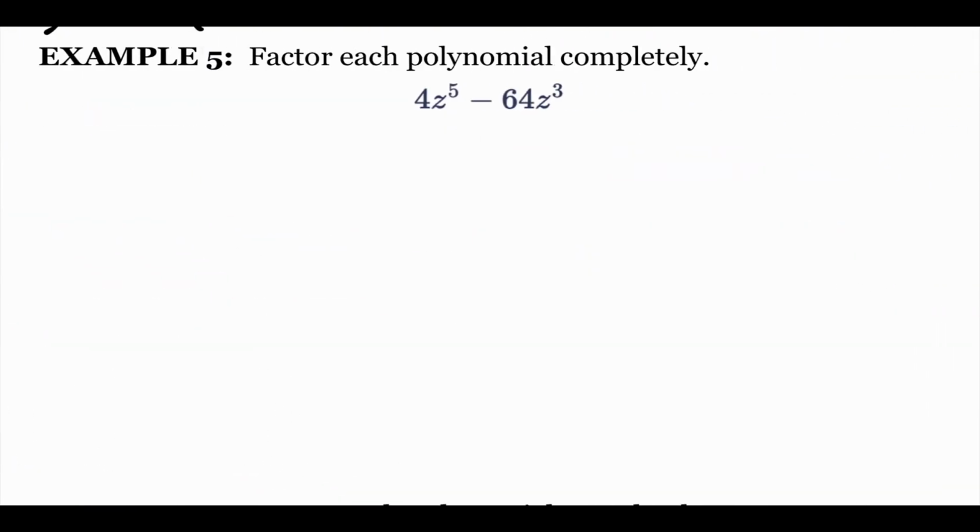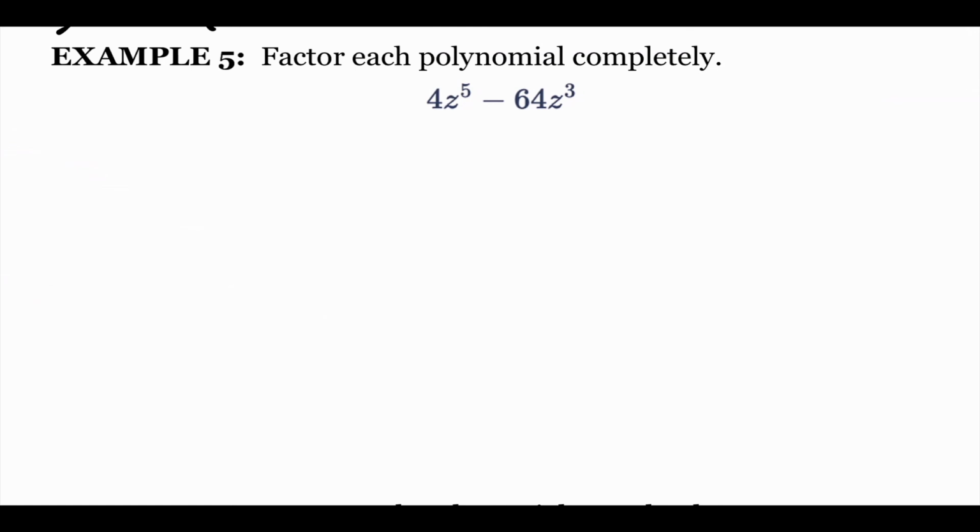Factor out a GCF. I can factor out a couple things here. You can divide them both by 4, and they both share 3 z's in common. So I can divide by z to the 3rd power. So that's my GCF, 4z to the 3rd power.